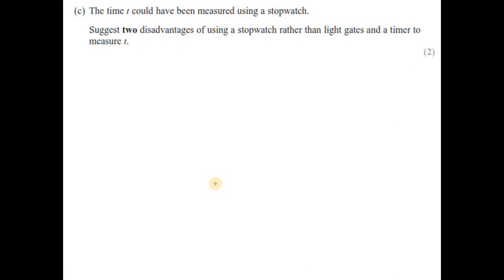The time t could have been measured using a stopwatch. Suggest two disadvantages of using a stopwatch rather than a light gate and the timer to measure t. Of course, if you don't use the light gate and you use a stopwatch, the main disadvantage is it will involve a human error or reaction time, and there might be some systematic error or a zero error in the stopwatch.